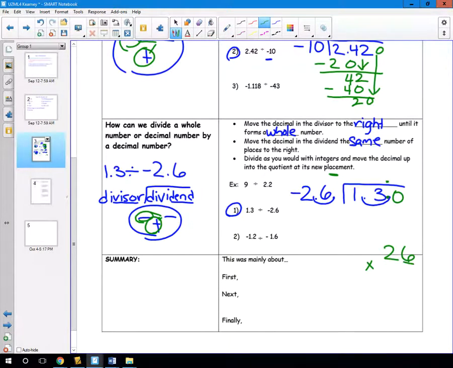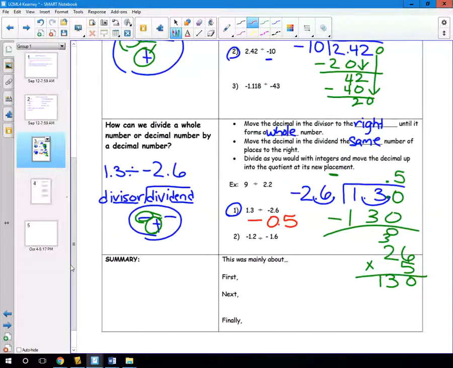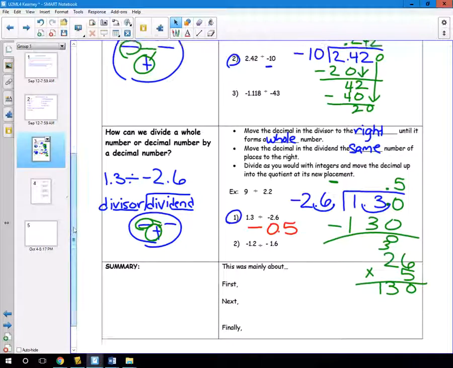Let's see if that works. 26 times 5. 5 times 6 is 30. 0, carry my 3. 5 times 2 is 10, plus 3 is 130. So yes, 26 goes into 130 5 times. We subtract 130, and we get 0. Okay? So our answer is negative 0.5.